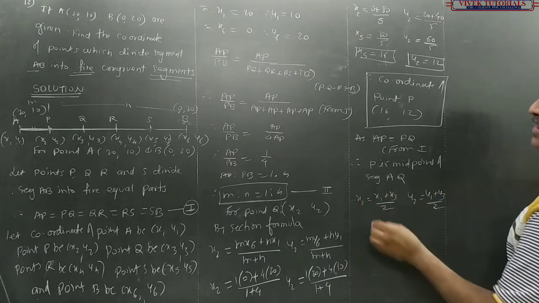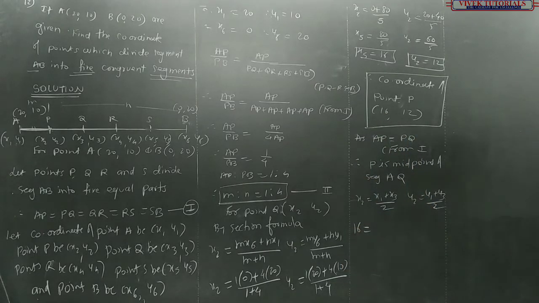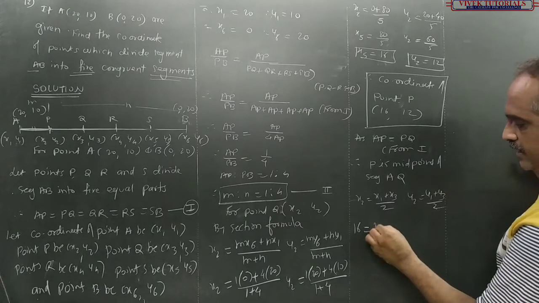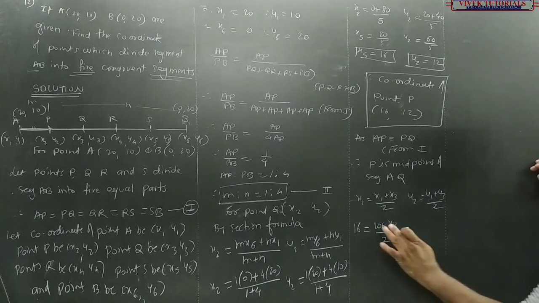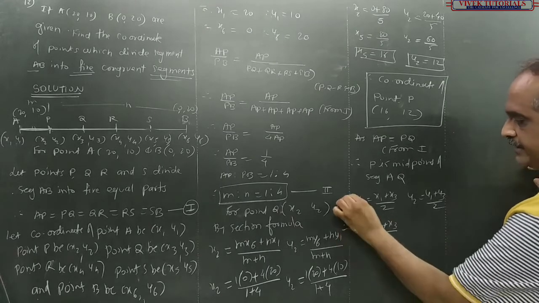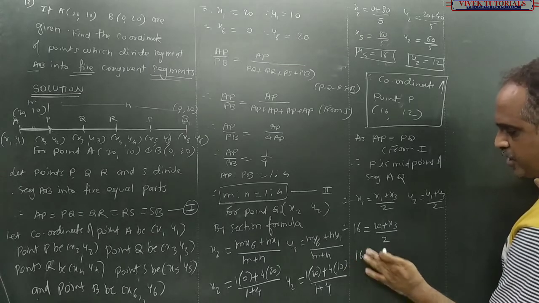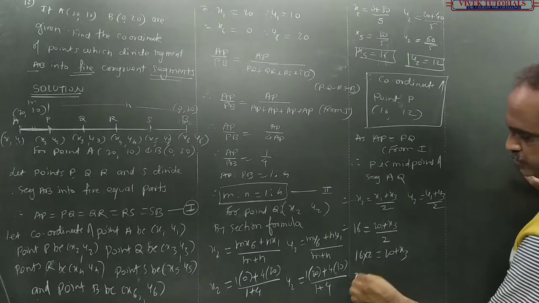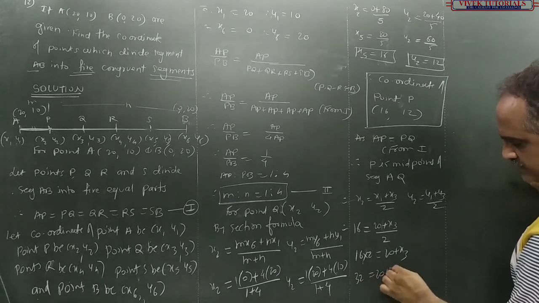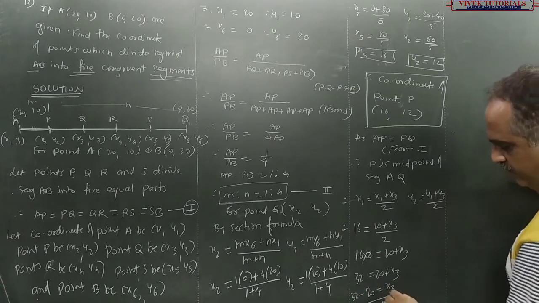Now x2 we have, that is 16. Is it right? And x1 we have 20. x3 I don't know, upon 2. Therefore 16 into 2 is equal to 20 plus x3. 16 twos are 32 is equal to 20 plus x3. So 32 minus 20 is equal to x3, or x3 is equal to 12.